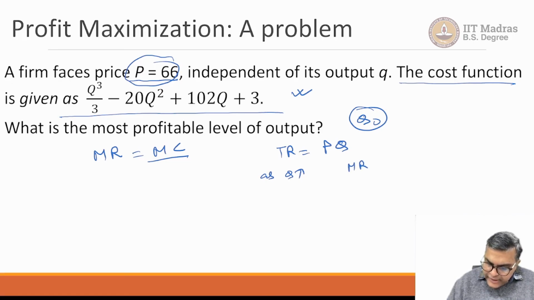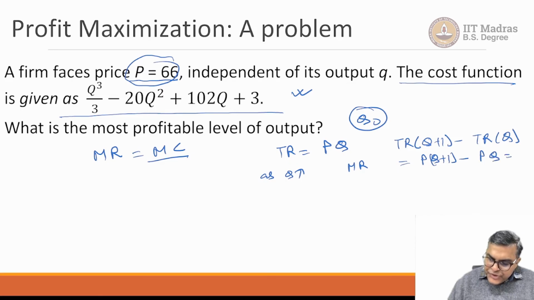We can calculate total revenue at Q plus 1 minus total revenue at Q, which is P(Q plus 1) minus PQ, which is exactly P, because PQ will cancel, and we are left with P. So marginal revenue is P.